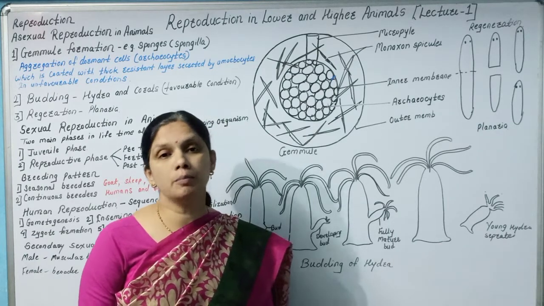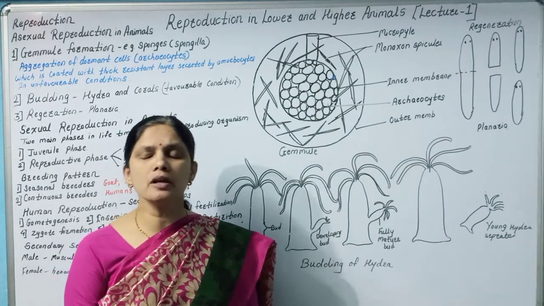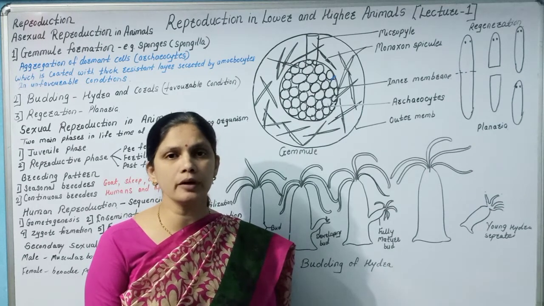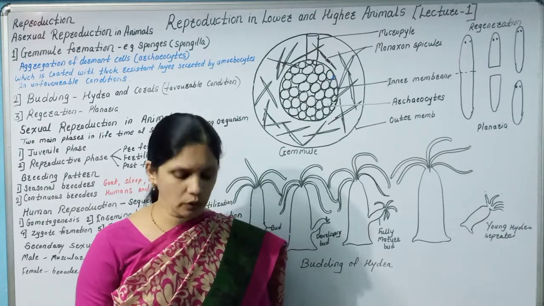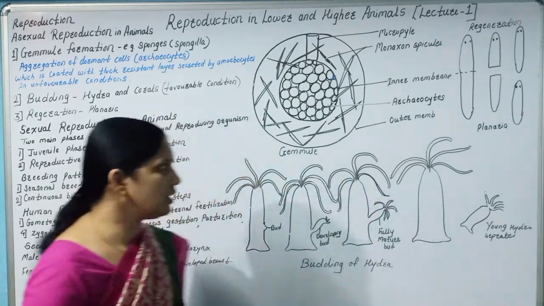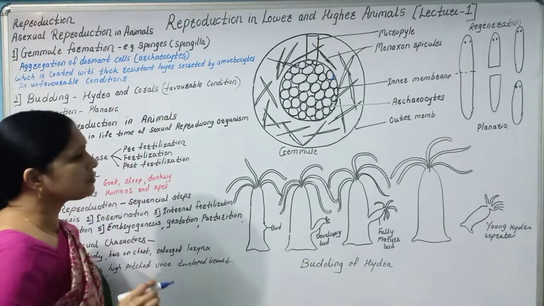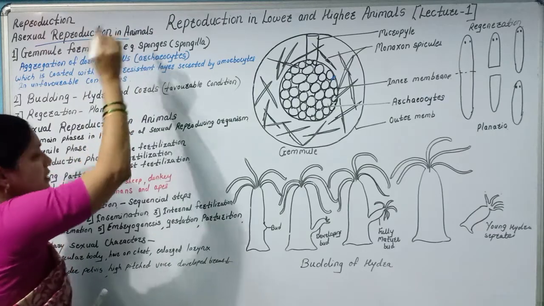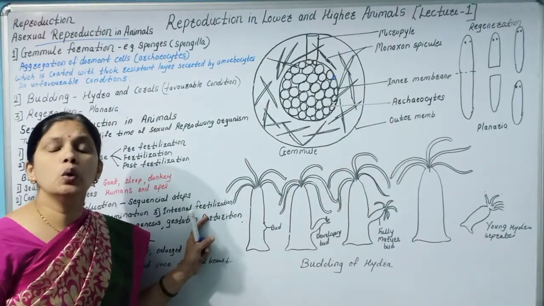If you observe in animals, reproduction takes place in two ways, asexual reproduction and sexual reproduction. Asexual reproduction takes place only in some animals, mainly the lower animals.